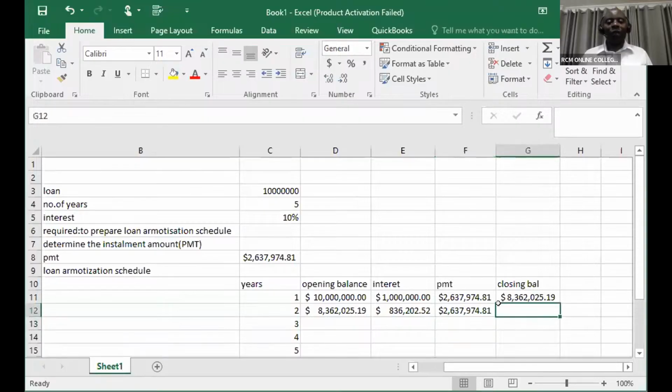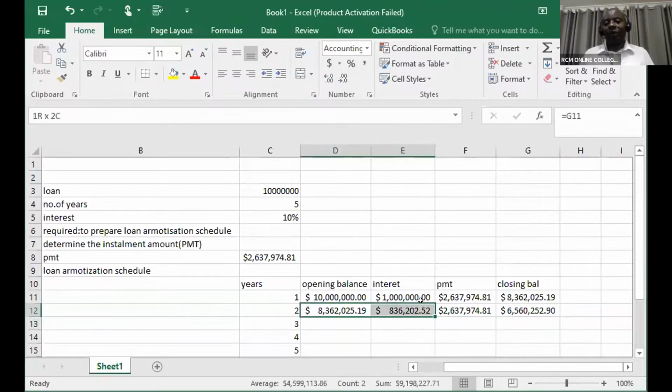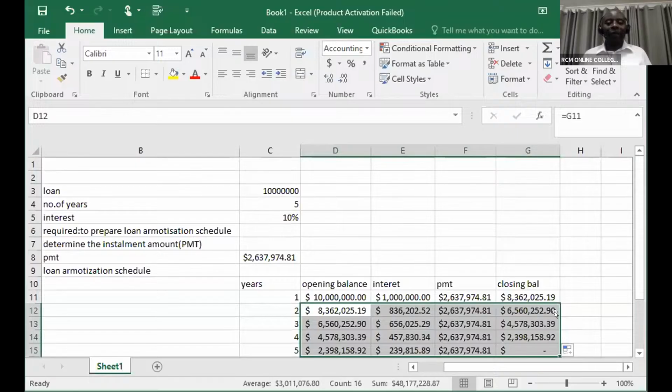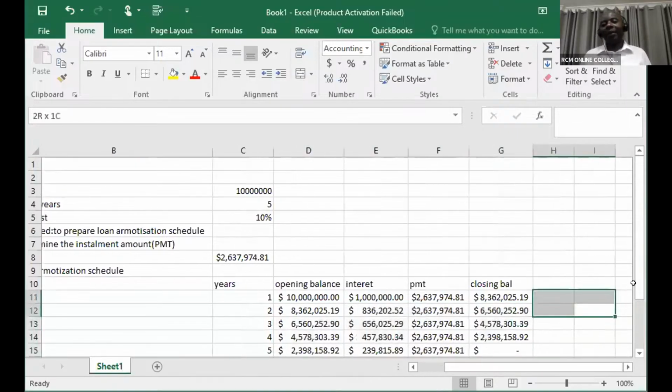Closing balance, what are we doing there? Equals opening plus interest minus payment. Enter. So now highlight just row 2. The figures of row 2, I highlight them all. Go to that angry rabbit, great, and then scroll down, take it down. You can see it is coming nicely there, up to 0.